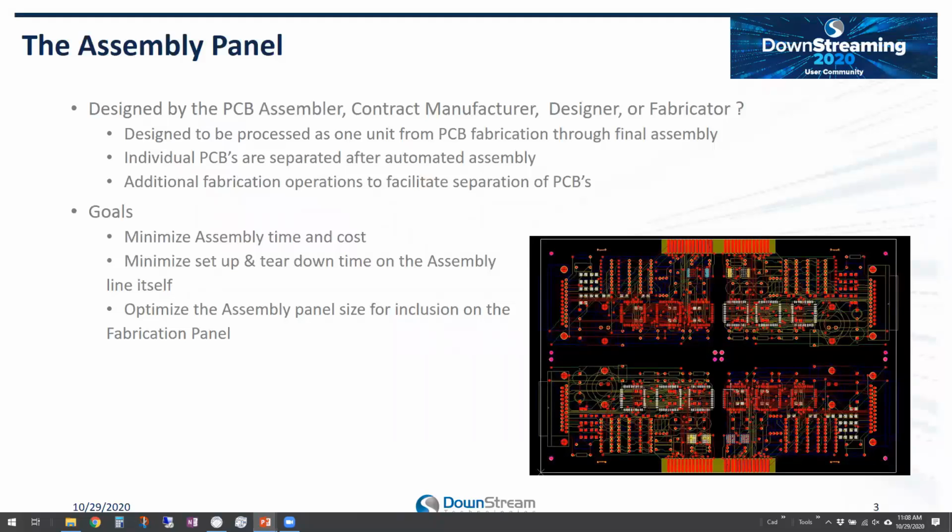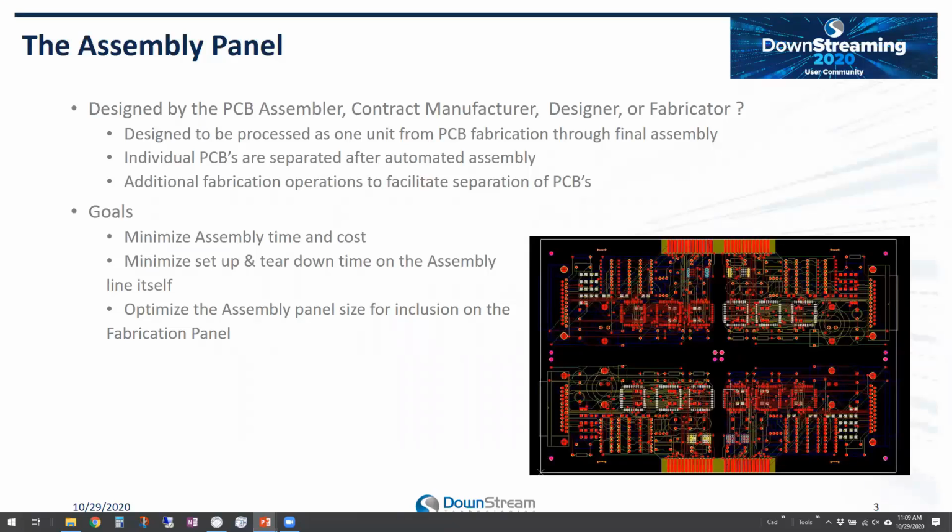So this is typically created by a contract manufacturer, the assembler in-house, sometimes by the PCB designer, and then in my case, as I previously stated, sometimes it was created by the fabricator. We're going to process the panel as one unit through fabrication, from fabrication through assembly.